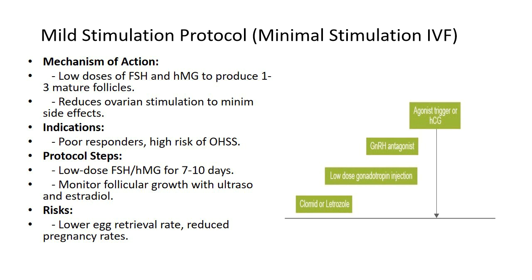Mechanism of action: mild stimulation uses lower doses of FSH and HMG compared to conventional protocols. The goal is to stimulate the development of a smaller number of mature follicles without excessive stimulation.